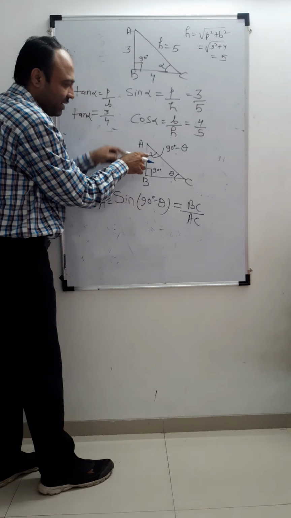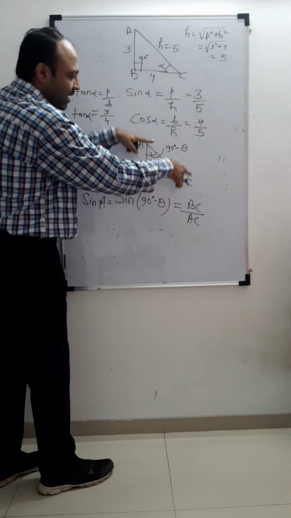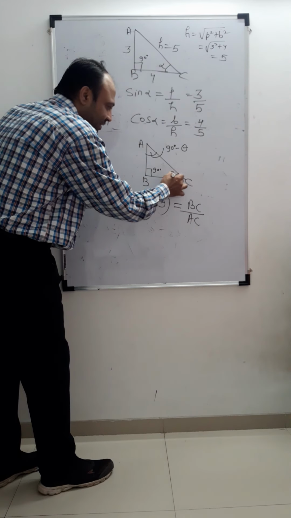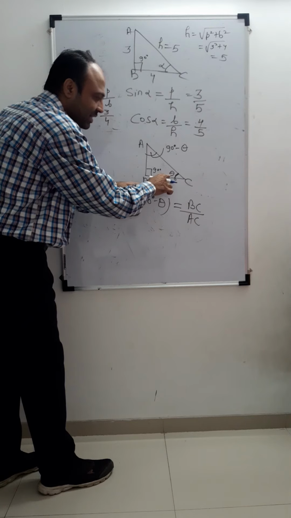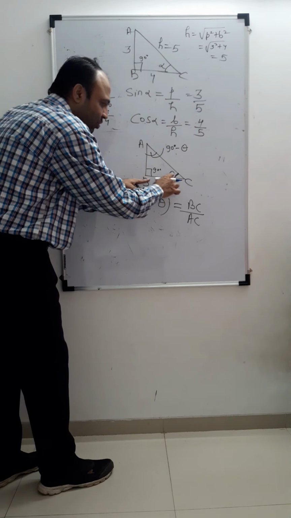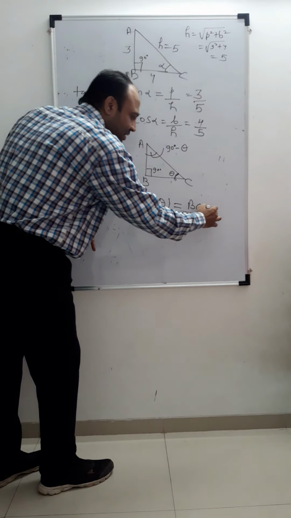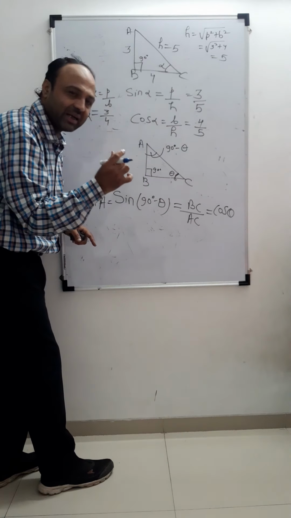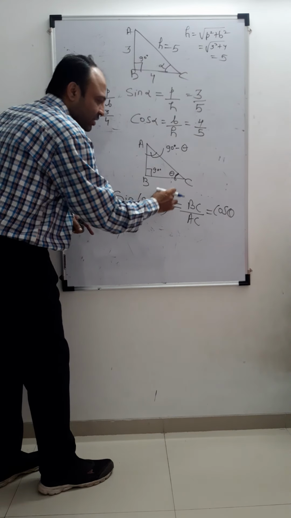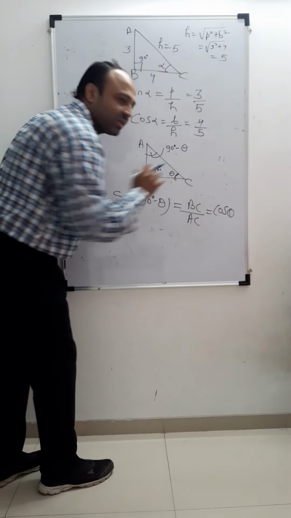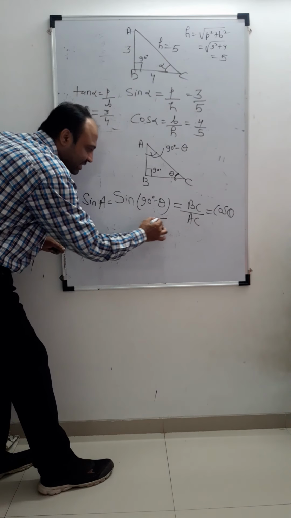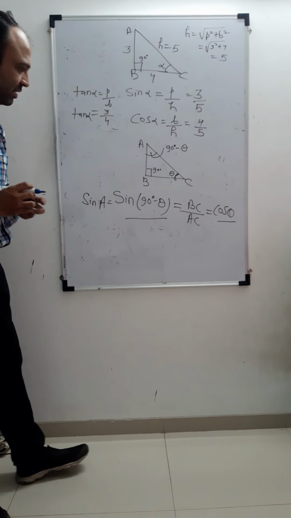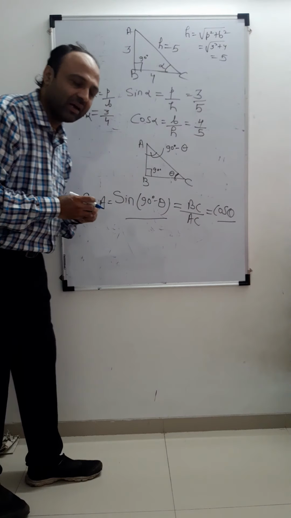For this theta, cos theta is base upon hypotenuse, which is BC upon AC. So what we have observed is that sine 90 minus theta becomes cos theta.